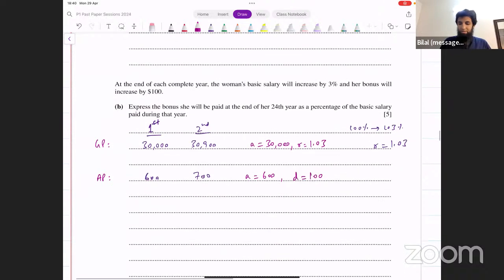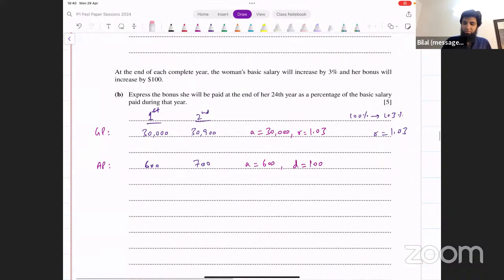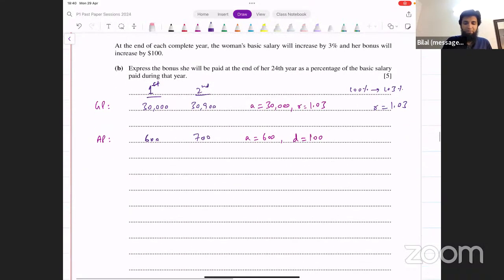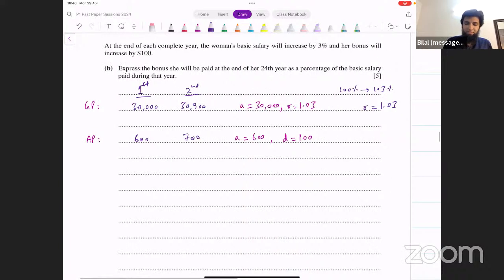And now they say, express the bonus she will be paid at the end of her 24th year as a percentage of the basic salary paid during that year. Can we find the 24th term of the GP and the AP now? Let's find the 24th term for both of them. Remember the formulas? The formula for a GP is A R raised to the power n minus 1.